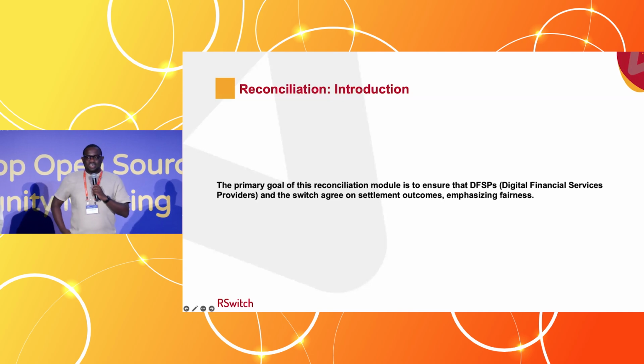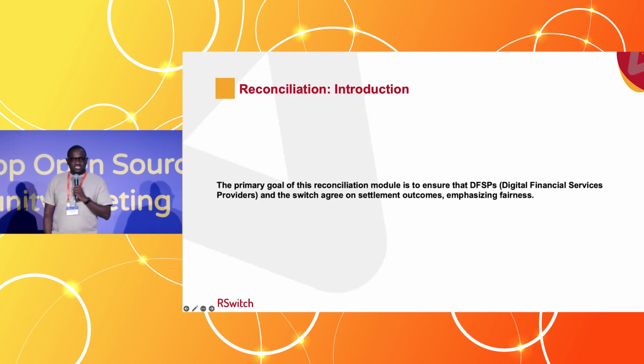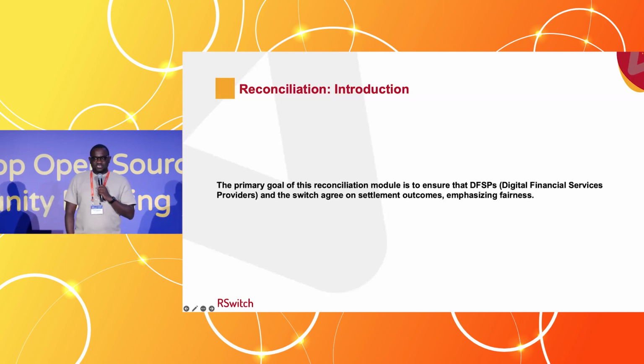But we also understand that we can do our part, yet we don't know how the other side is implemented. We don't know how they handle the messages we send them, so most likely there are going to be differences at some point. That's where these two modules come into play.